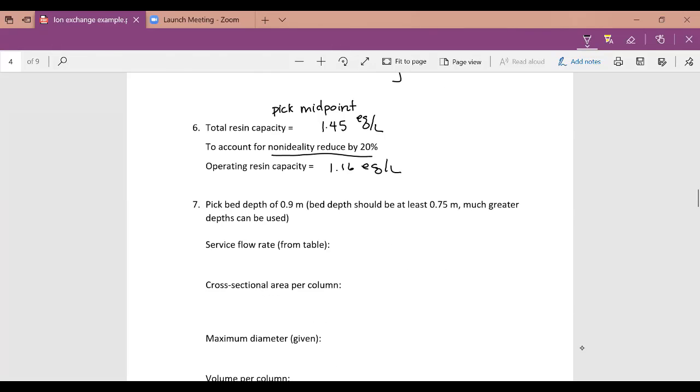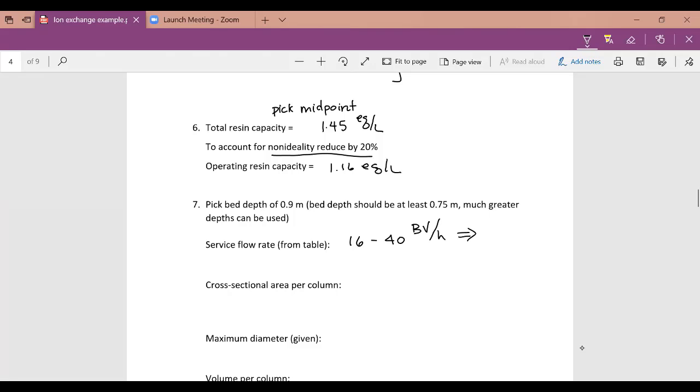The next thing we need to do is pick a bed depth, and the bed depth needed to be at least 0.75 meters, could be less than 1 meter. We'll pick 0.9. The surface flow rate we'll get from that table that you were given, and that stated that the surface flow rate should be between 16 to 40 bed volumes per hour.